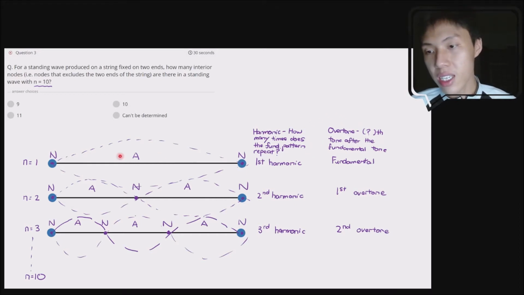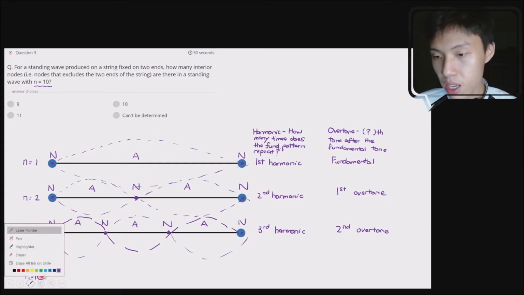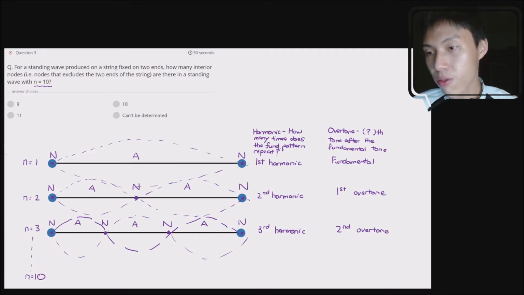So if we have n equals 1, we have no interior nodes. So the number of interior nodes is equal to 0. When n is equal to 2, the number of interior nodes is 1.